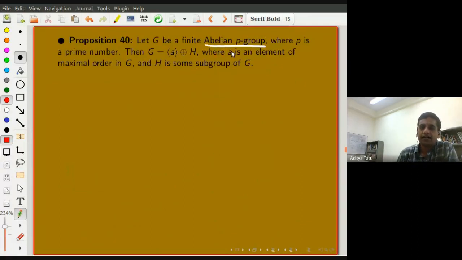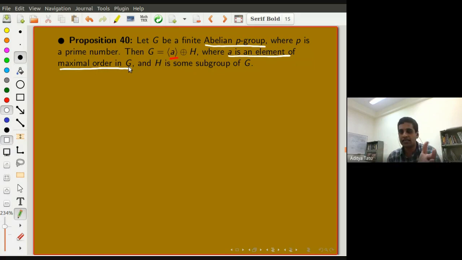The proposition says: if G is a finite abelian p-group where p is a prime number, then I can decompose G into a cyclic group generated by some element A, and it's not just any random element A. That A is an element of the group G which has the maximum order. You have a finite abelian group, so of course there will be some element which has maximum order.